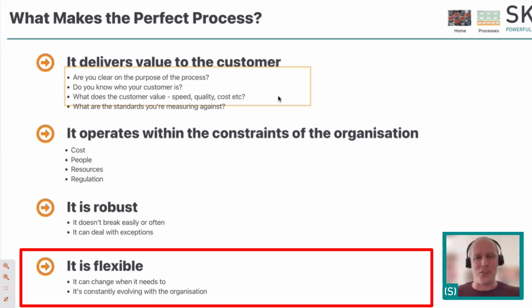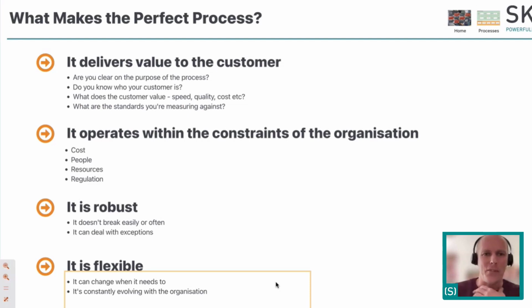And so making sure you understand those things, and then you've got a feedback loop to make sure that the process is delivering those things to the customer and within the constraints of the organization. So some basic principles there about, as I said, what essentially makes a good process.